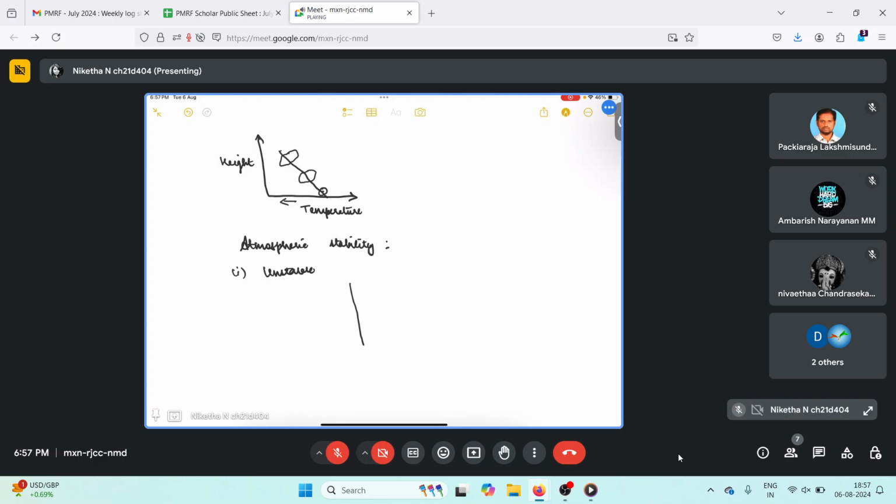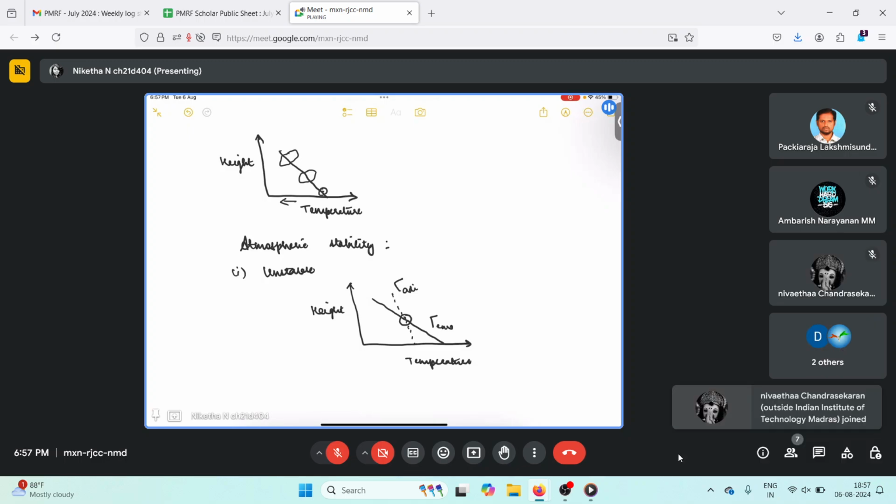So this line is the environmental lapse rate, and this dotted line is going to be your adiabatic lapse rate. So when you have a parcel of air which is somewhere here, this parcel of air can move upwards or downwards based on the direction and the speed of the wind.